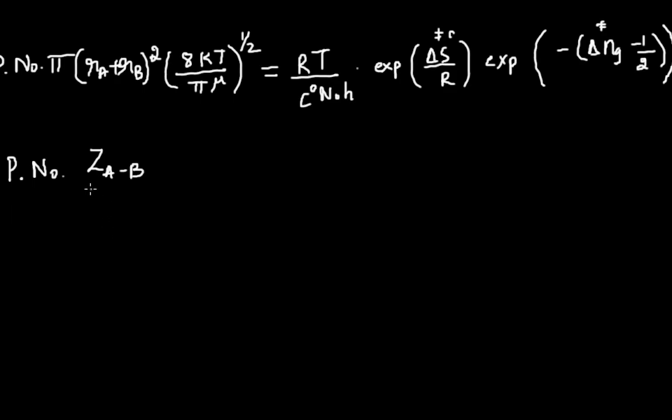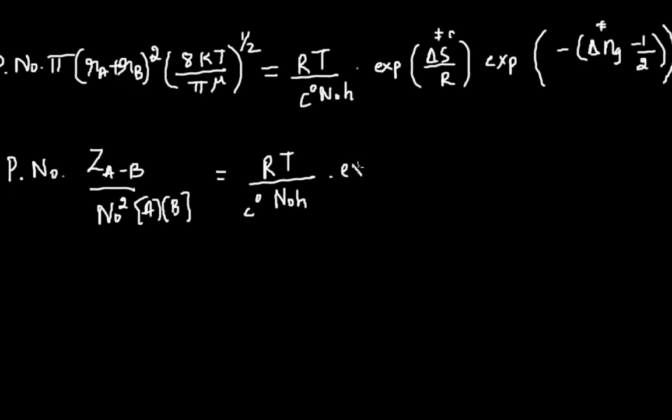So if you compare it, what will you get? N naught A by E is equal to now RT by C naught N naught H. So what is this? Okay, let me first write off the whole thing.